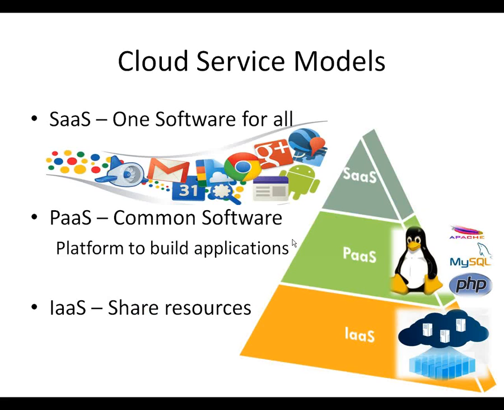Those applications are developed on the same common platform. For example, the most common platform is LAMP, L-A-M-P, where L stands for Linux, Apache, MySQL, and PHP. These applications and platforms need an infrastructure to grow.